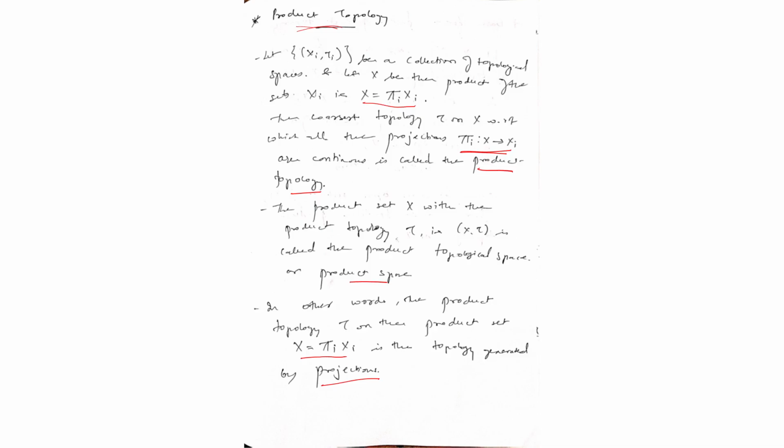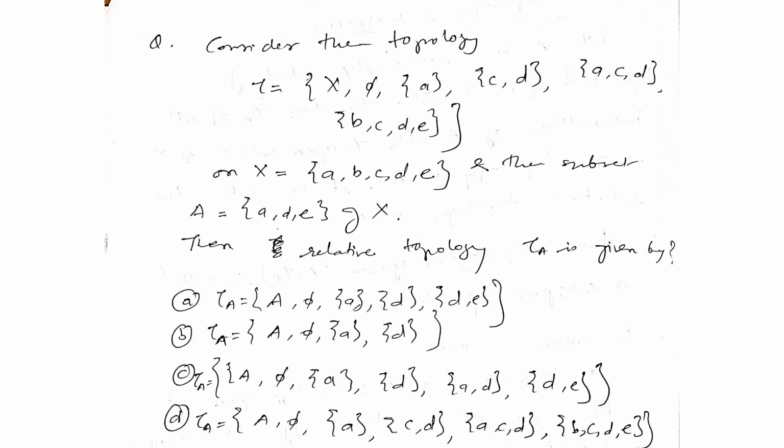Okay. The first question is on the screen. Consider the topology tau given by X, the empty set, the singleton set {A}, then {C, D}, then {A, C, D}, then {B, C, D}.